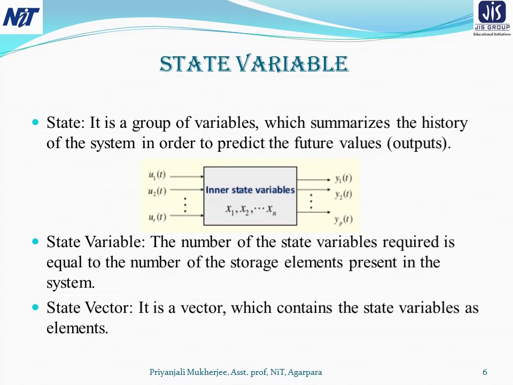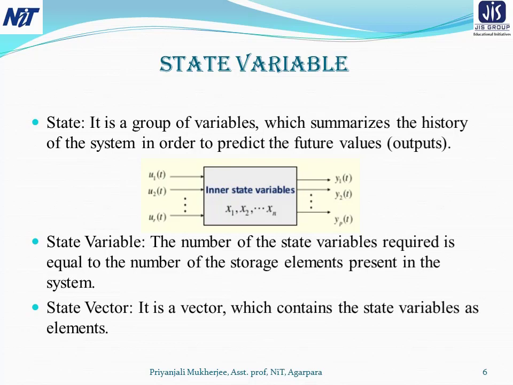So the number of state variables required is equal to the number of storage elements present in the given system. And the state variables need not be physically measurable or observable quantities. The variables that do not represent physical quantities and those that are neither measurable nor observable can also be chosen as state variables.